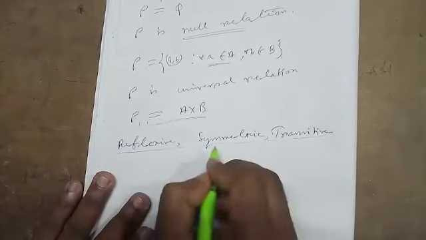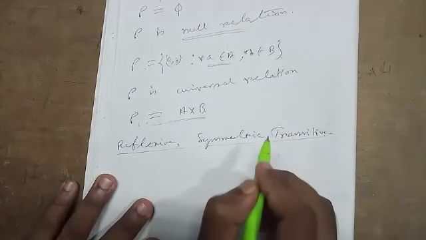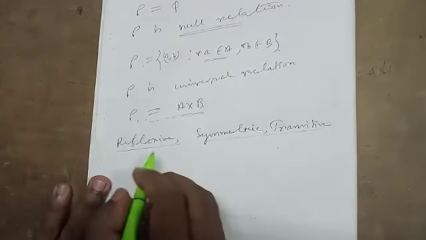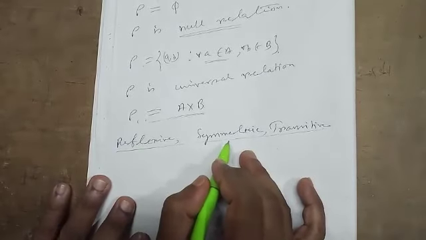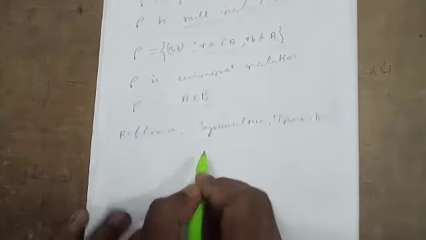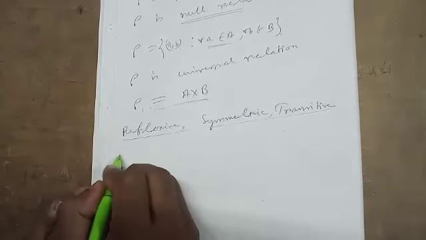These three types of relation are very important. If you are able to learn these three types, you have done almost 80% of this chapter. Okay, now let's start with the reflexive relation.